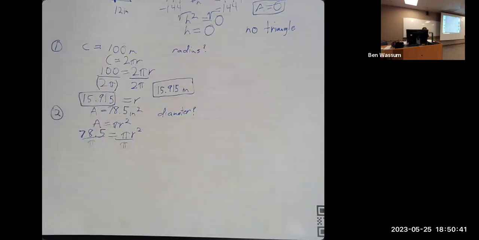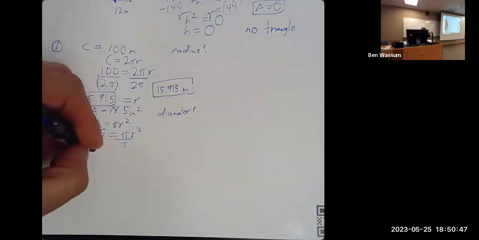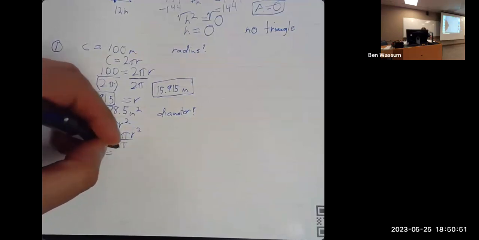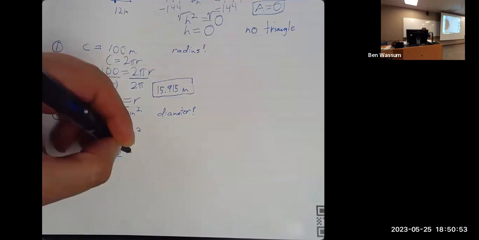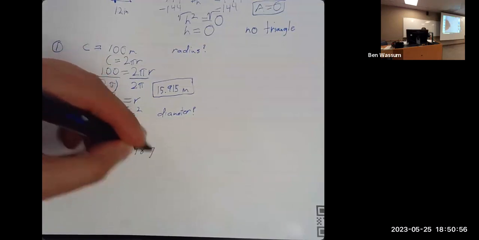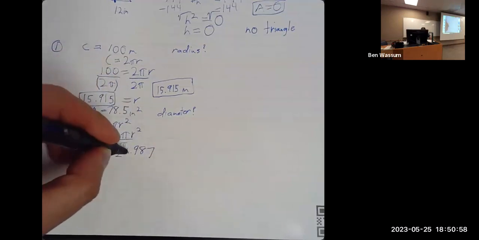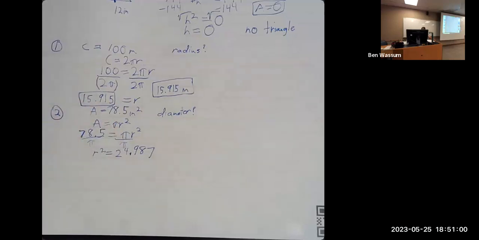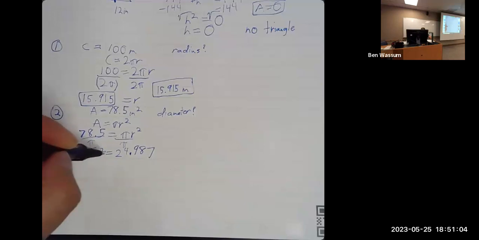So 78.5 divided by pi. We get our radius squared is equal to about 24.987. Then to solve for the radius, I'm going to square root both sides.